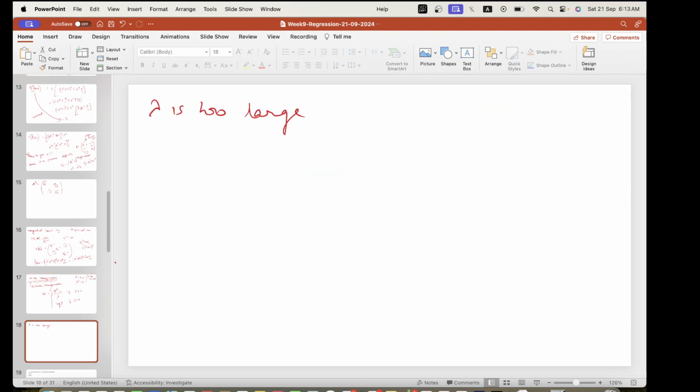On the contrary, if lambda is too large, then W will also be very, very large. So in case W is very, very large, this function will also change quite rapidly.